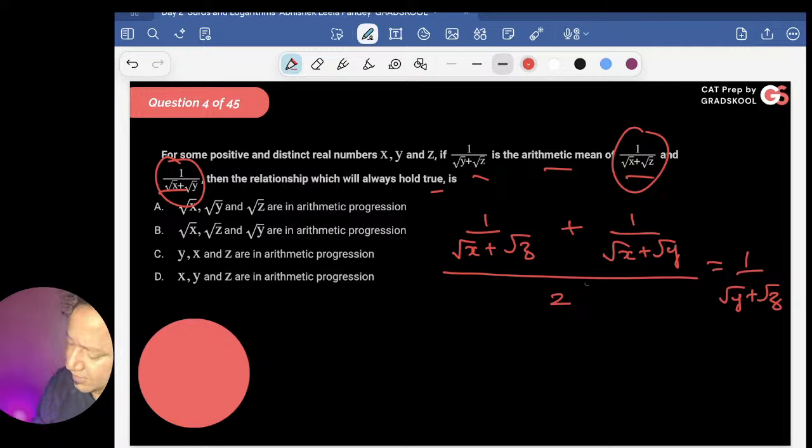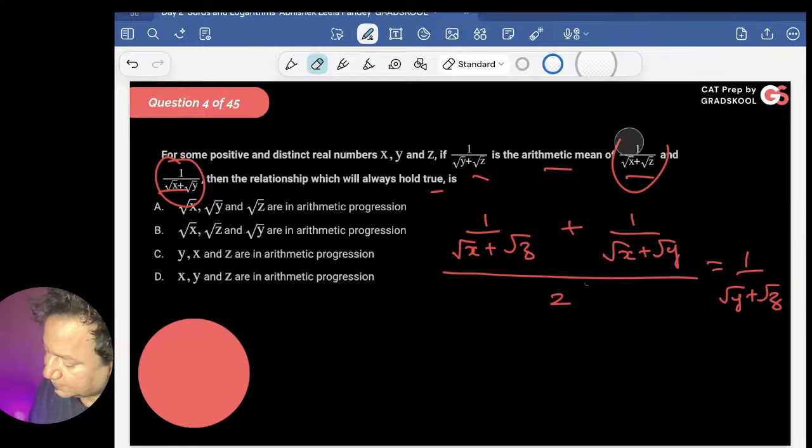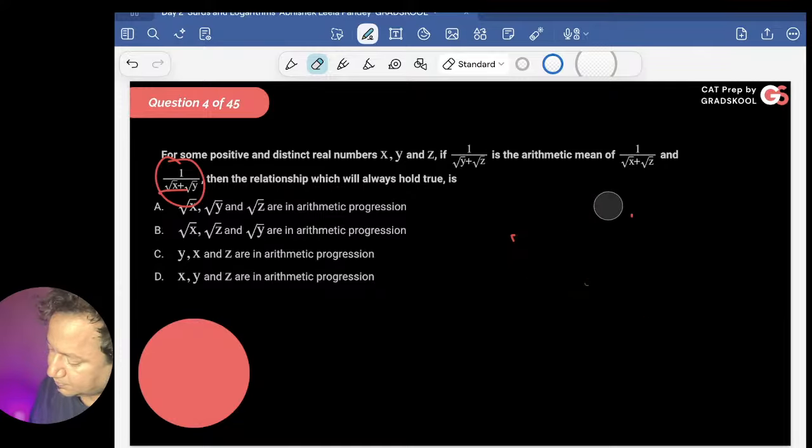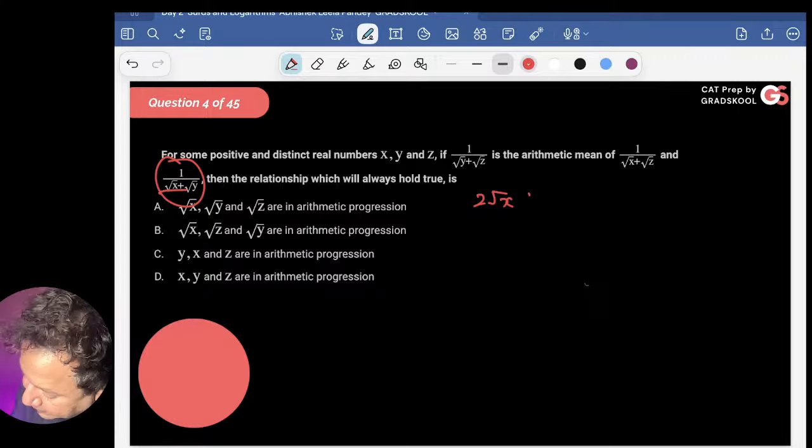Okay. So here the numerator will be, if I try to solve the numerator, I'll get root X plus root Z, root X. बहुत कम जगह यहाँ मेरे पास है. I need some space. All right. No problem. 2 root X plus root Y plus root Z. All right.